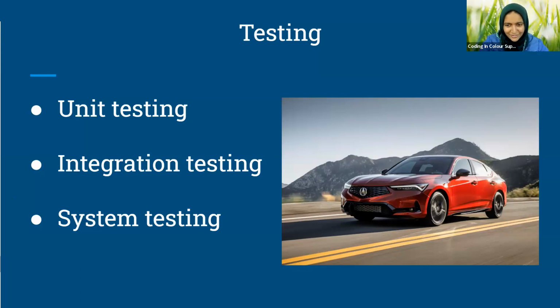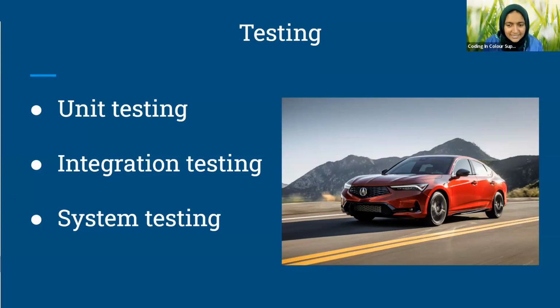I don't know what all the parts are, but if you've ever popped the hood of a car, there's a lot in there, right? And you might want to say, okay, how do I make sure that everything in here is working together so that each piece is working well on its own, unit testing. When I put them together, I get an engine that is working well, all at once.